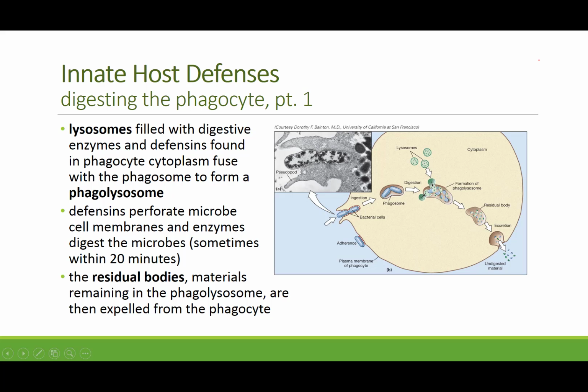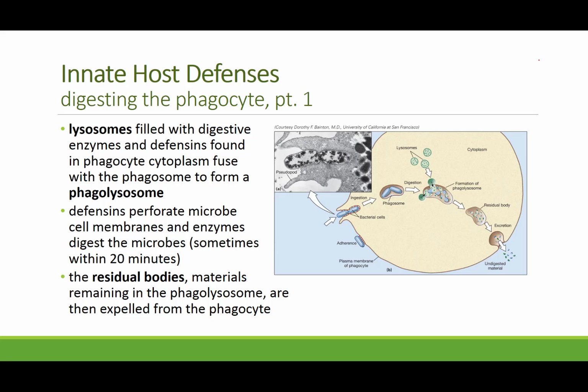Okay, so the next thing then that the phagocyte must do is digest the pathogen. And so inside of the cell there are lysosomes. These are small vesicles that are filled with digestive enzymes and chemicals, the defensins, that it uses to digest.